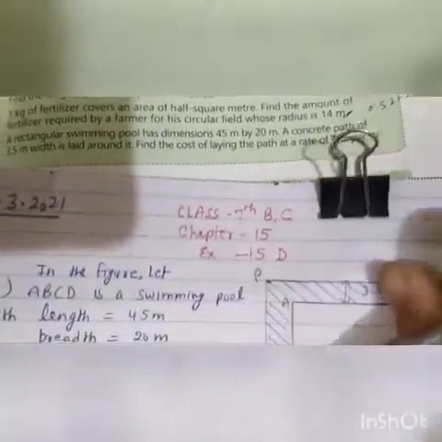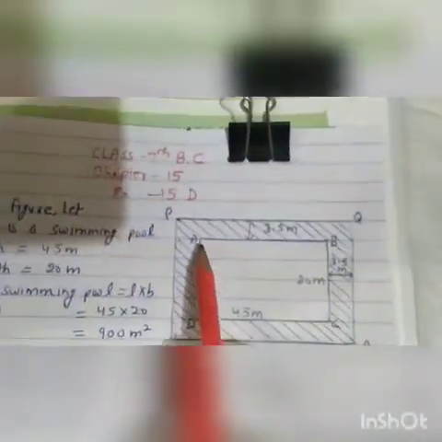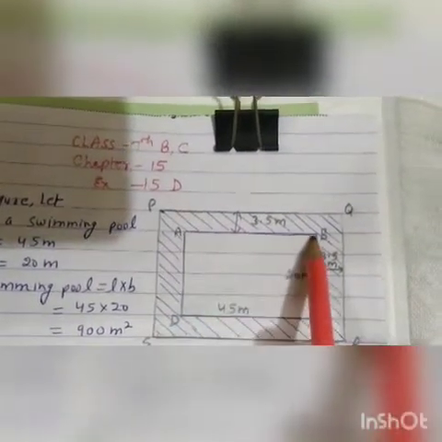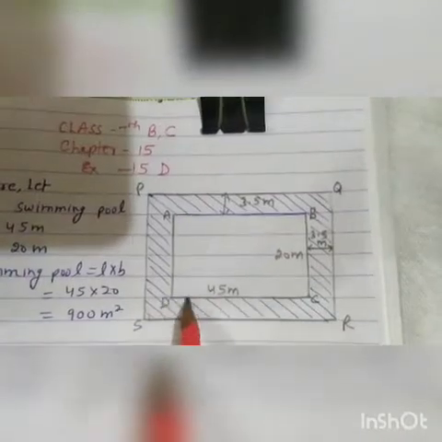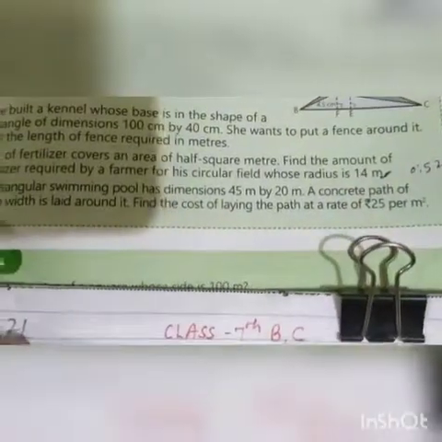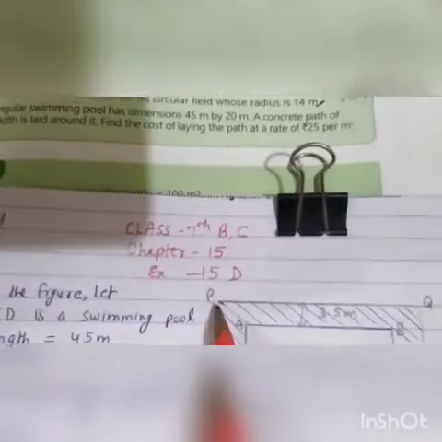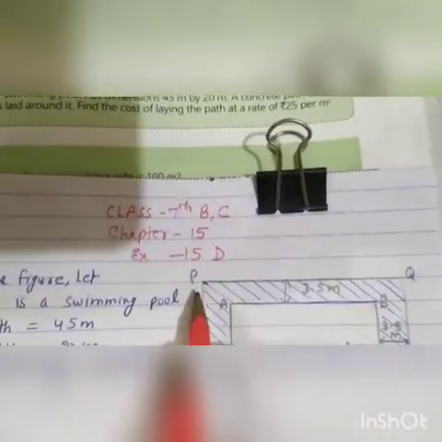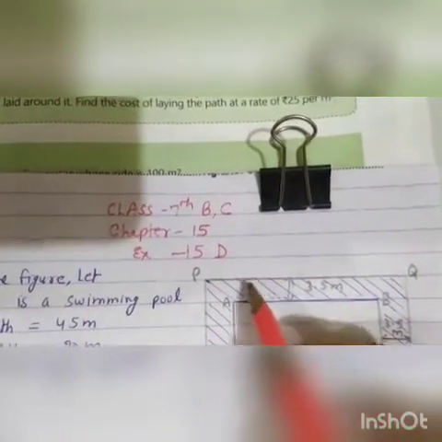See here in the figure, this is a swimming pool ABCD, and its length is 45 meter and breadth is 20 meter. Around this swimming pool, there is a concrete path of width 3.5 meter.